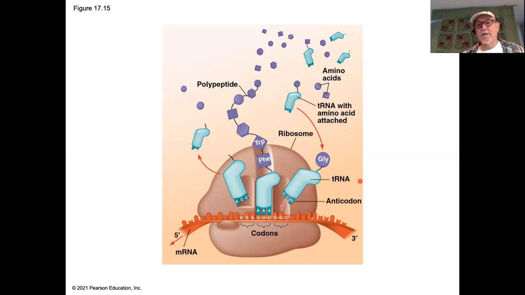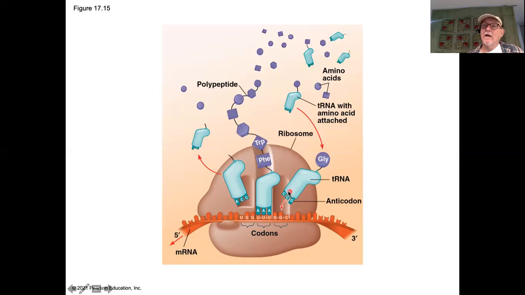So here is the basic process. The ribosome is going to run along this messenger RNA, and it's going to repeatedly pull in tRNAs, one after the other, which match to whatever codon is in this A site.